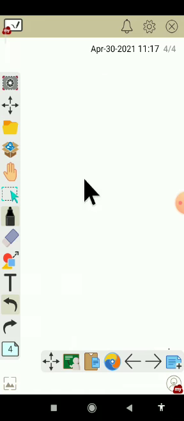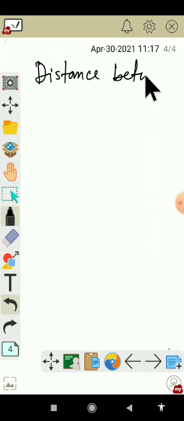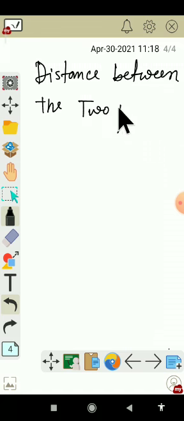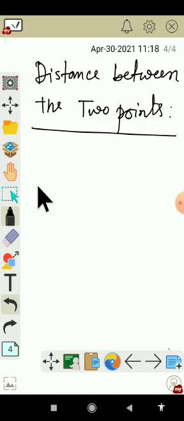Next is distance between the 2 points. How do you define this?